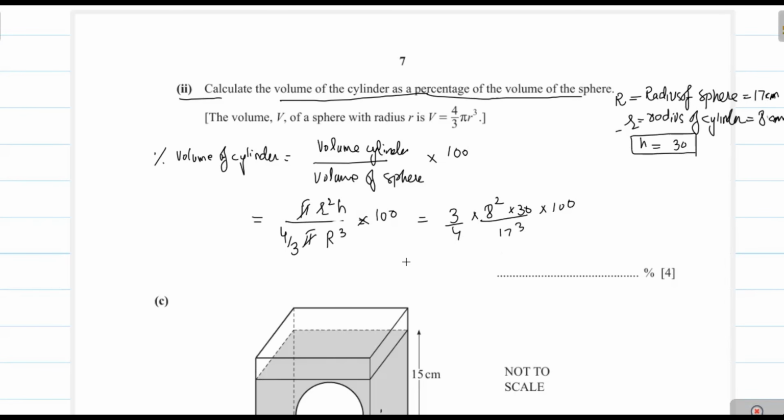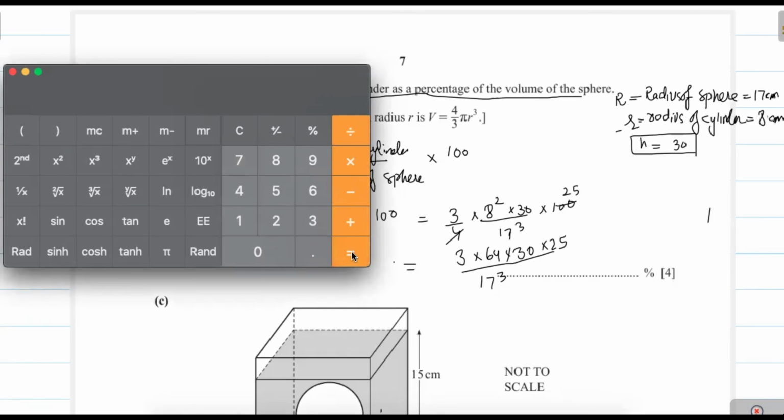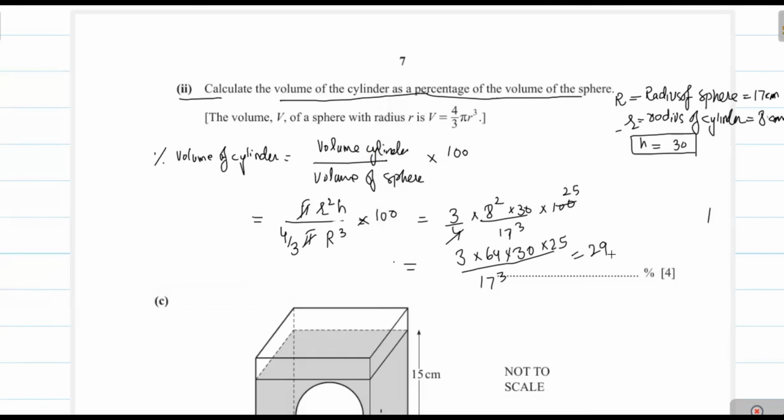Now we simplify it. 4 times 25 is 100. Therefore, 25 times 3 is 75. Multiply 64. Multiply 30 over 17 cube. Now that's equal to 29.3% is the answer. Next part of this question.